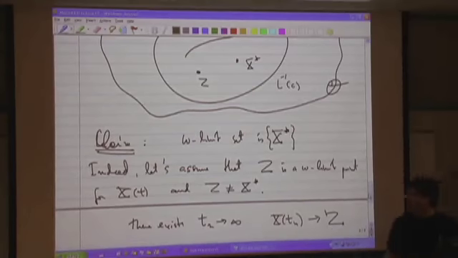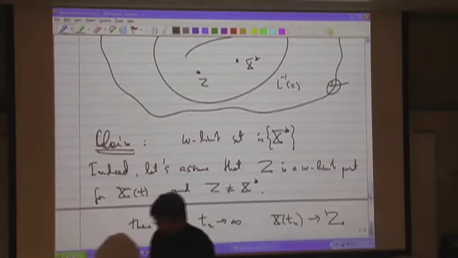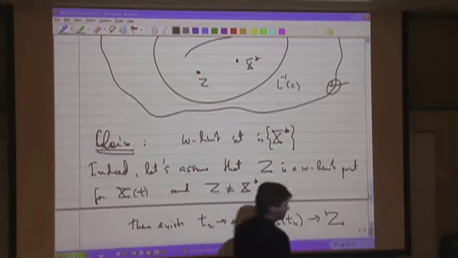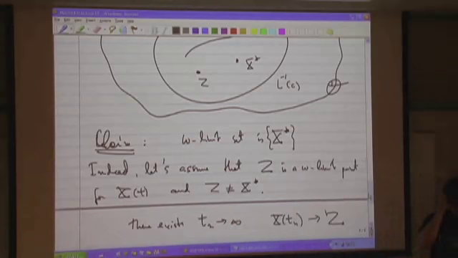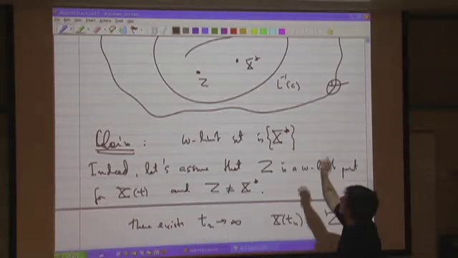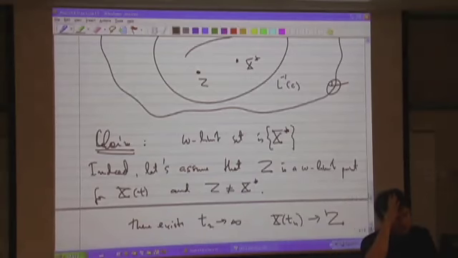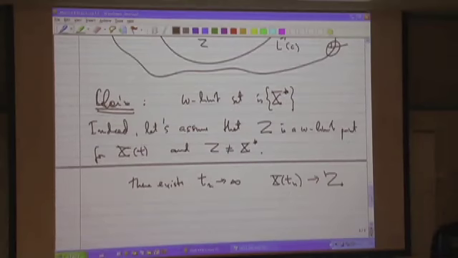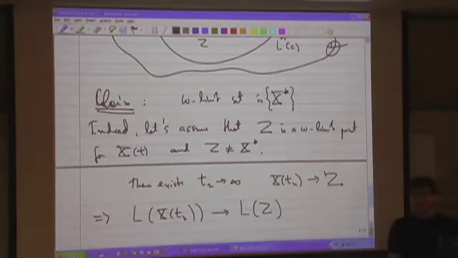So let's see where the contradiction is. Well, here's the contradiction. It's all about what the values of L are. L has values that are decreasing, right? We know that the values of L are decreasing. One thing to say is that L is a continuous function.